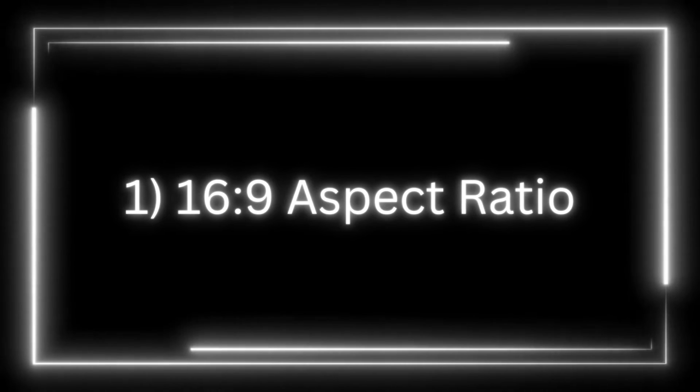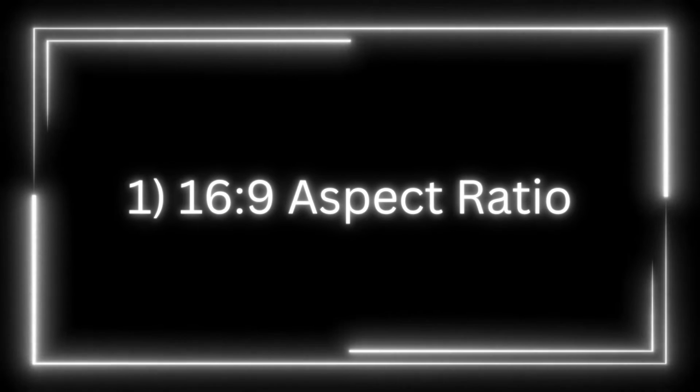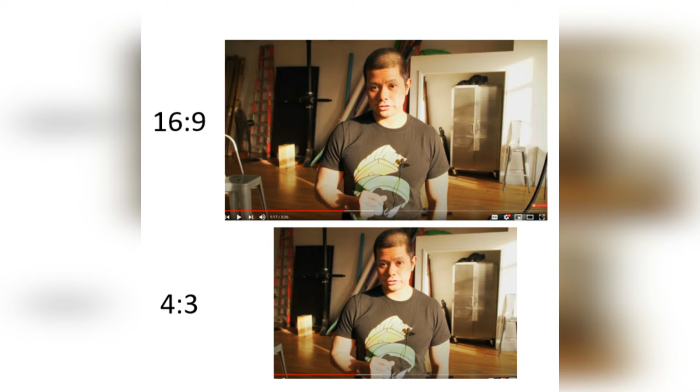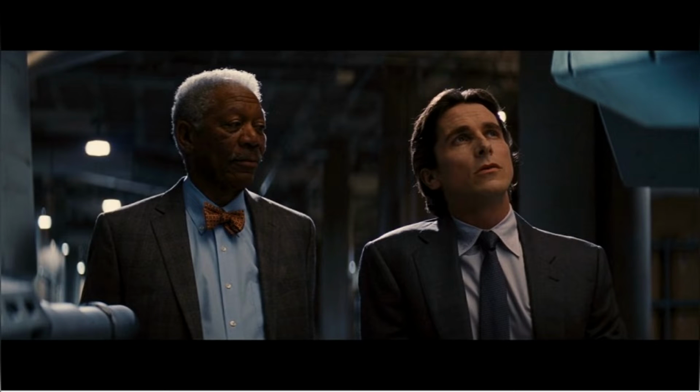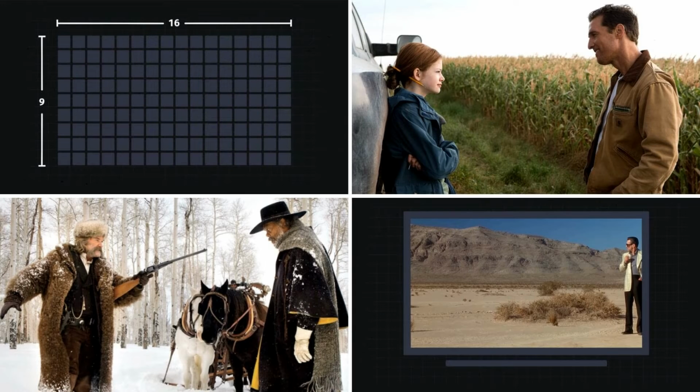Number 1. 16:9 aspect ratio. Since the 16:9 aspect ratio is now widely accepted as the standard format for television, movies, and the majority of online streaming setups and platforms, you're probably using it for the majority of your video creation and streaming.